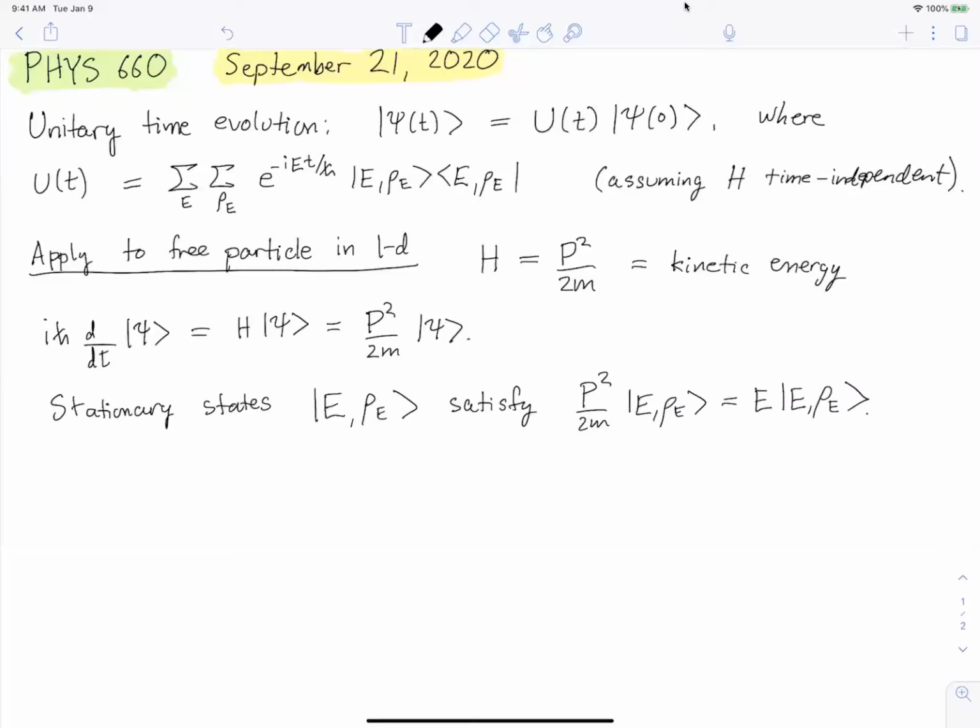In looking for these, it's a good idea to notice that there's a compatibility issue, because you can also talk about them as eigenstates of momentum. Since the momentum commutes with the Hamiltonian, which is basically saying the Hamiltonian doesn't depend on position, that commutator is 0. Then we have this theorem that says we can look for simultaneous eigenkets of energy and momentum.